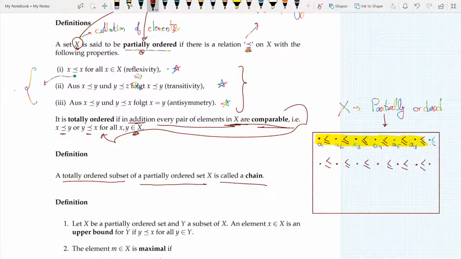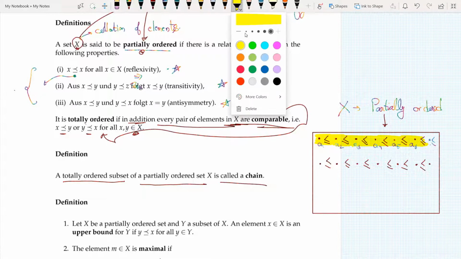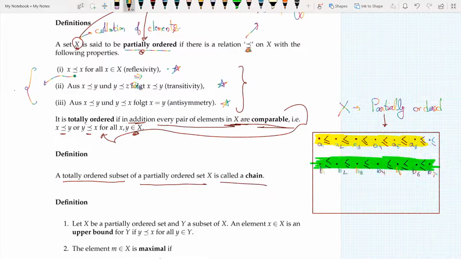So that's the property of it: within a partially ordered set exists a totally ordered subset, and that totally ordered subset is called a chain. That's the basic concept of what I mean by a chain in my partially ordered set. So this is a totally ordered subset, and this is a totally ordered subset.